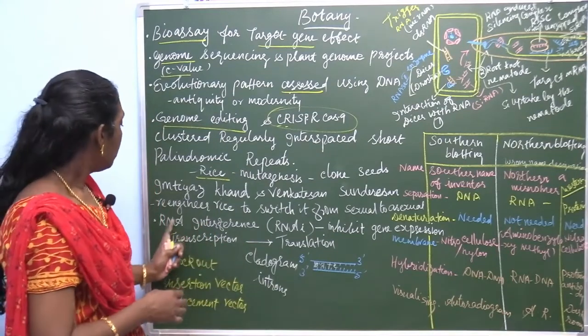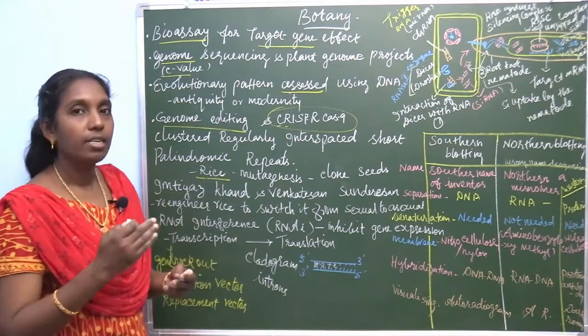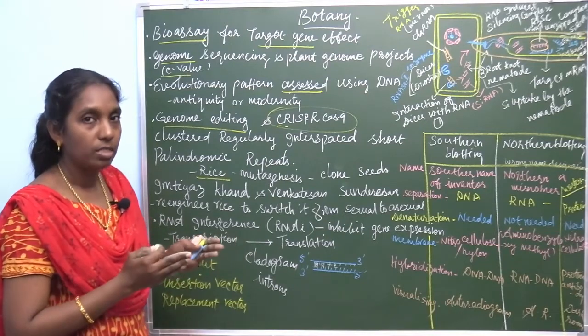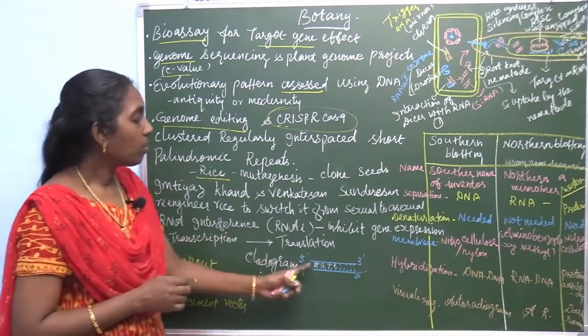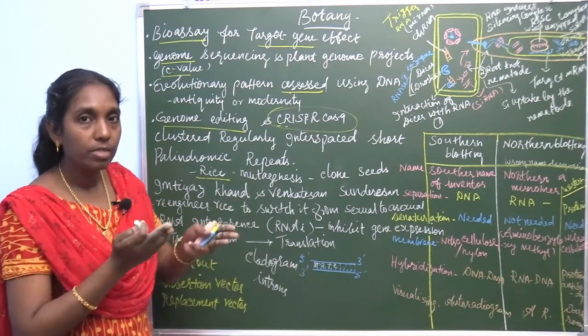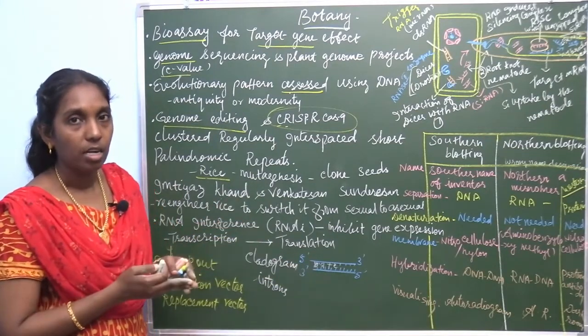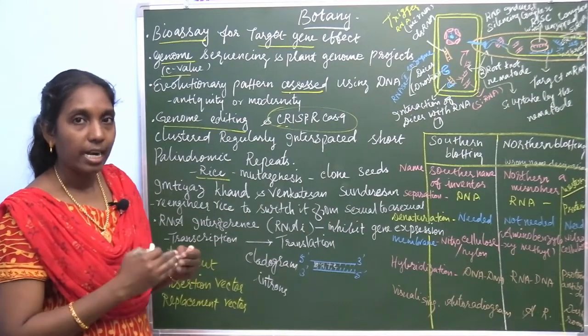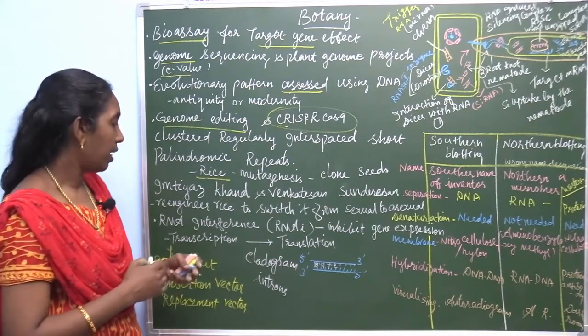Here the question is RNA interference. Some of this genetic code is the sense code. The coding region of this DNA is the sense strand, or coding strand.